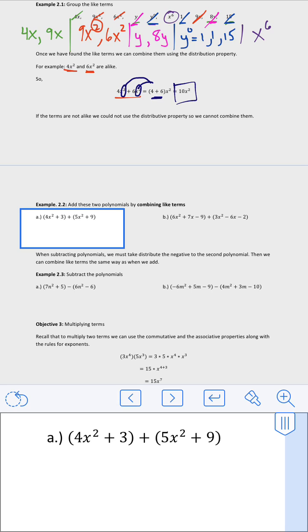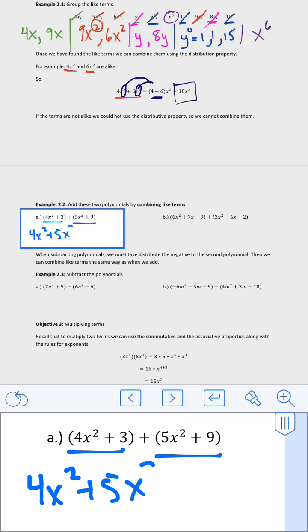So I've got these two polynomials I want to add together. Luckily, though, just like when we were multiplying monomials, multiplying terms together, everything is commutative. Addition's commutative. So I can add these in any order I want. So I can add 4x squared plus 5x squared plus 3 plus 9. Essentially what I just did was rearrange it by like term, right? So I looked at these two things.